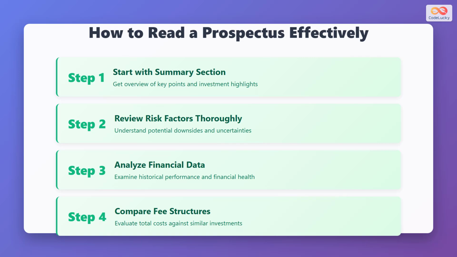Analyze financial data by examining historical performance and financial health to assess the company's track record. Step 4. Compare fee structures by evaluating total costs against similar investments to ensure you're getting good value. This methodical approach ensures you don't miss critical information while avoiding information overload.